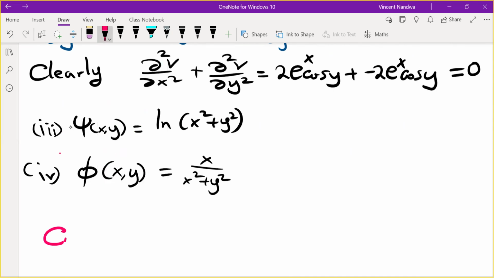So lastly, there's what we call conjugate harmonic functions.